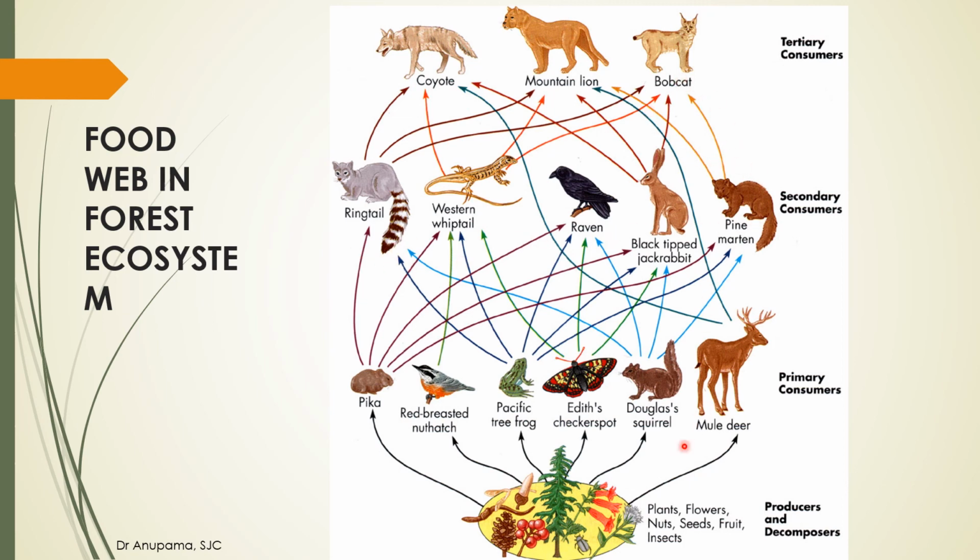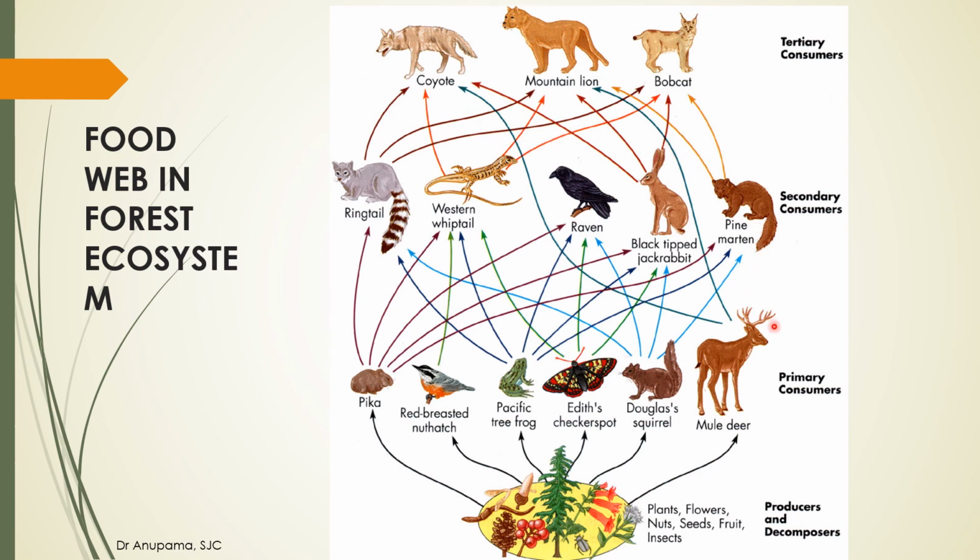So here I cannot trace out one path. Say for example, the butterfly is there. Butterfly can be eaten by a raven, but it can also be eaten by this, and also by this. So we have 3 food chains. If I have to represent only the butterfly, it goes like this. Many things can eat it. So this is how food chains actually operate in real life.